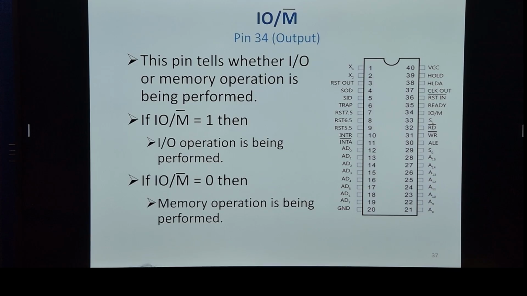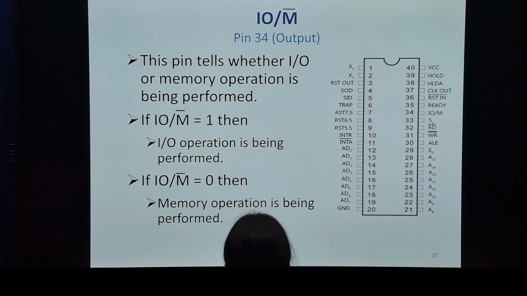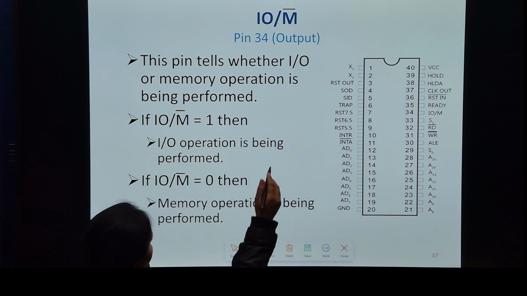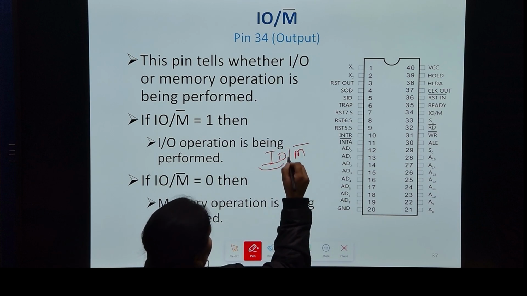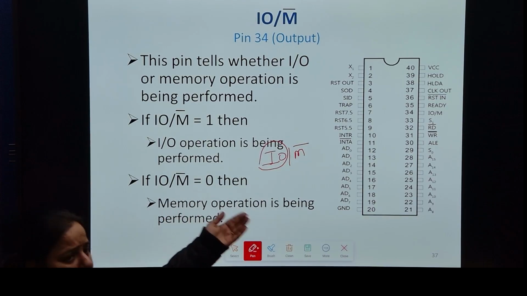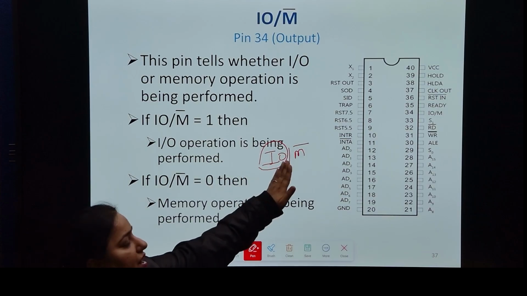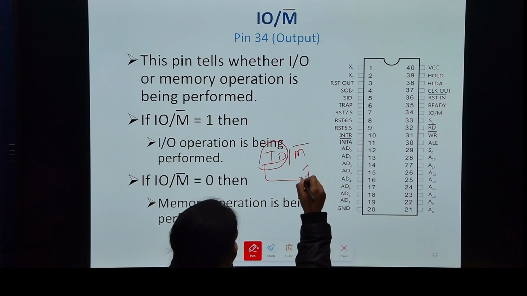Then is pin number 34. Pin number 34 is the input output memory complement pin. What does it mean? Whenever the microprocessor has to perform any operation on an input or output device, this signal should be 1.